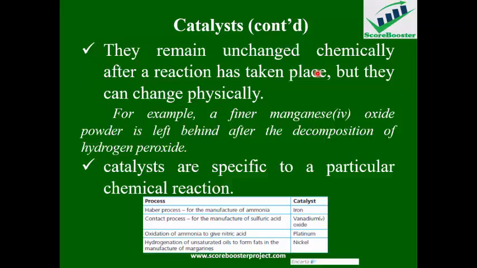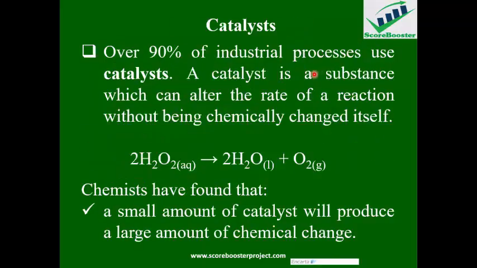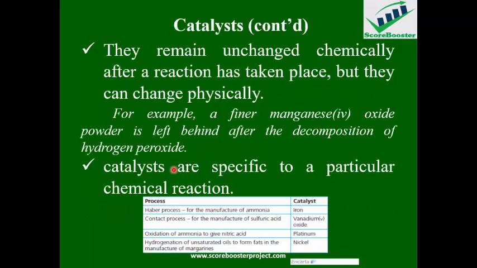After the reaction, you take back your catalyst, and if it's possible to regenerate it, you regenerate it and use it for another reaction. For example, if you want to break hydrogen peroxide into water and oxygen, manganese oxide is used to break it faster than when you don't have a catalyst.